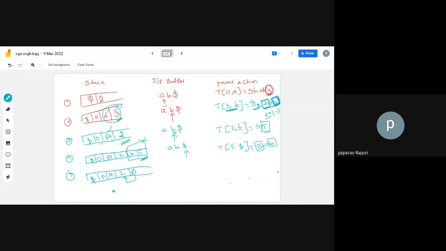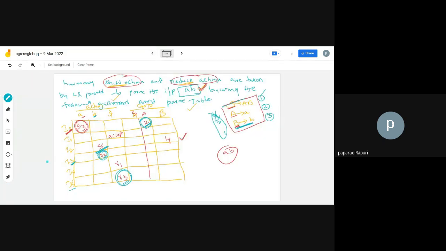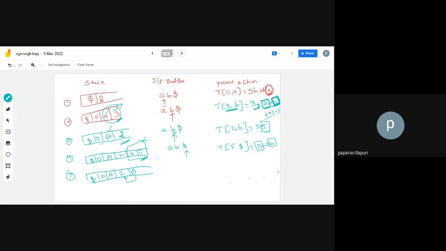After that, we need to check the previous state. Here the previous state is 2 comma B. Check it once. 2 comma B. What is the state here, sir? The state is 4. So then we need to push the state 4. Goto of I comma A means we need to push one more symbol, that is the state.